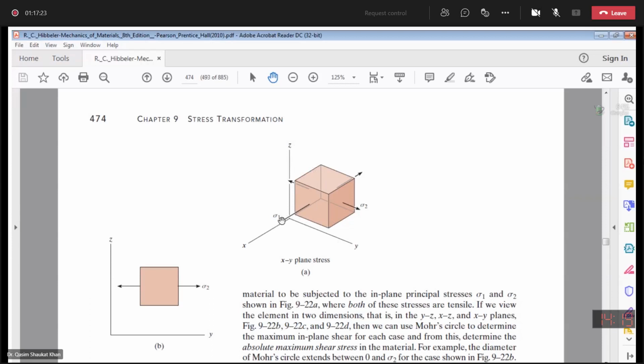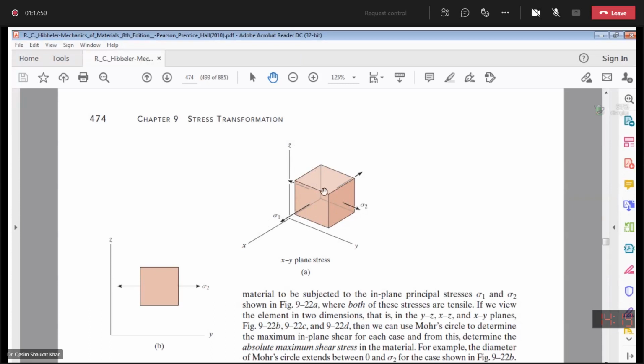So this principal stress, let's say sigma 1, is acting along the x-axis, and sigma 2, the other principal stress, is acting along the y-axis. There is no normal stress acting along the z-axis in the biaxial stress state.